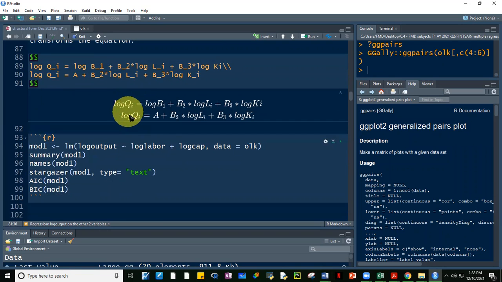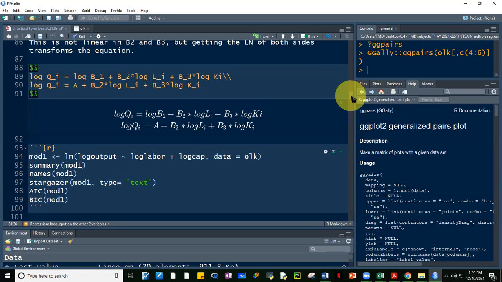So log of Qi is equal to log of B1 plus B2 times log of labor plus B3 times log of capital. Okay? So now we have an equation where yung mga predictors natin, yung labor at saka capital, they are now expressed in logarithm, and your dependent variable is also expressed in logarithm. So this now is what we call a log model.